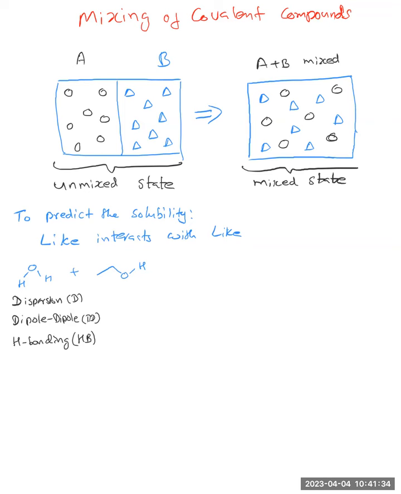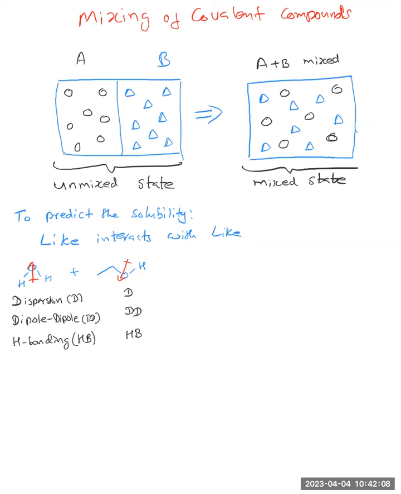If you look at the ethanol molecules, ethanol also has dispersion forces, and it has dipole forces because it's a polar molecule, with a net dipole moment. It's also going to have hydrogen bonding forces, because you have hydrogen covalently bonded to oxygen there as well.